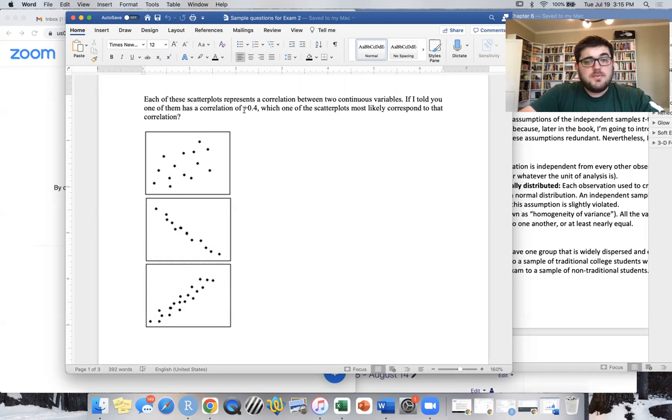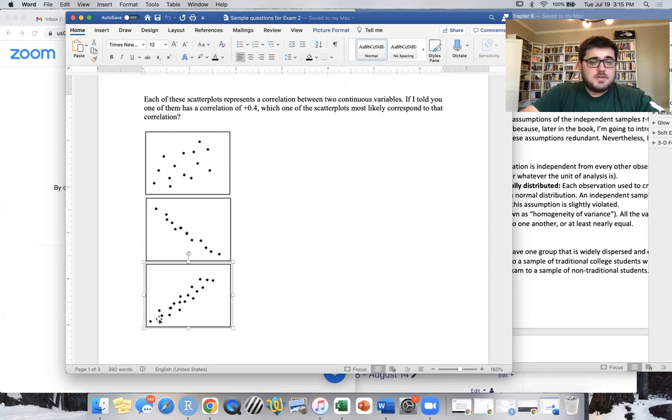So it can't be that middle one. Now I said there's a 0.4 correlation. It comes down to either this one at the top or this one at the bottom. This one at the top is very close to being a straight line, what I call a cloudy line. This would be a correlation that's in the 0.8, 0.9 territory.